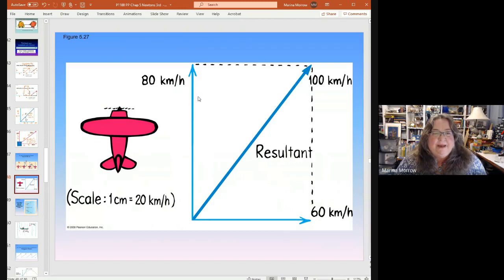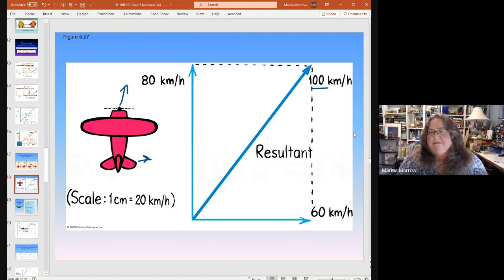Now, here's an airplane that is trying to move at 80 kilometers per hour in the forward direction, but there's a wind of 60 kilometers per hour to the right here. Okay, so what's the resultant? How come they can say 100? Well, this is a 3, 4, 5 triangle, right?